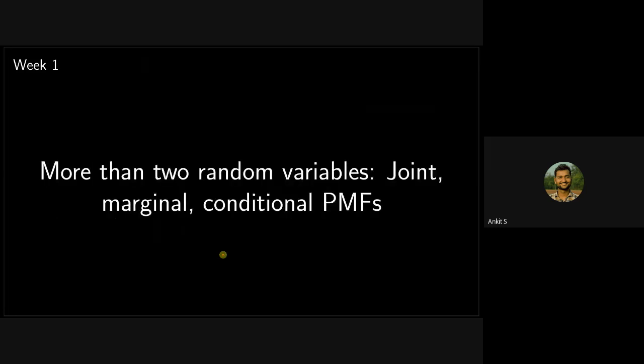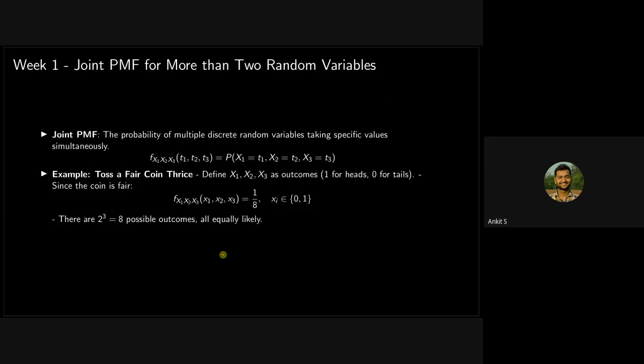We discussed the joint, marginal and conditional PMFs for two random variables. Now we are going to extend that to multiple random variables, more than two. The things are not very different from two random variables.